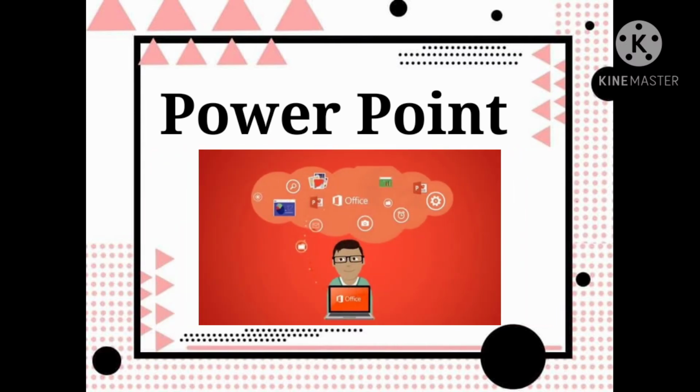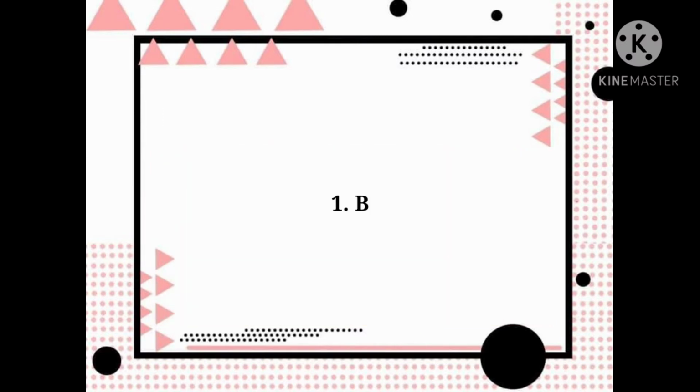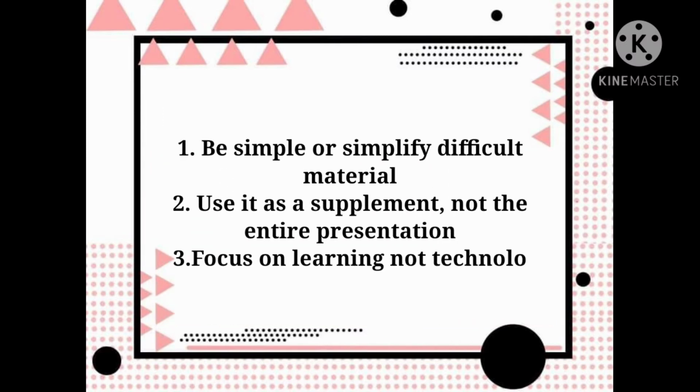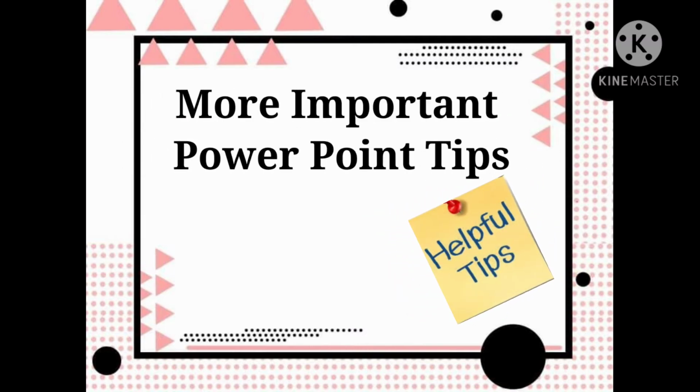And now let's move on to PowerPoint. If we make a PowerPoint, we need to keep it simple or simplify difficult material, and also use it as a supplement, not the entire presentation. And lastly, focus on learning, not on technology. And now let's go to more important PowerPoint tips.